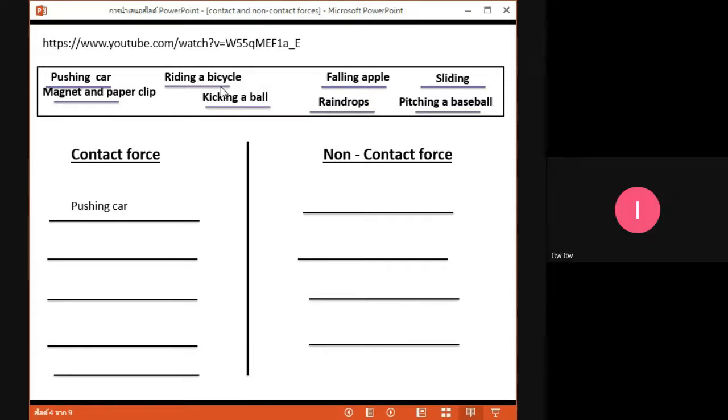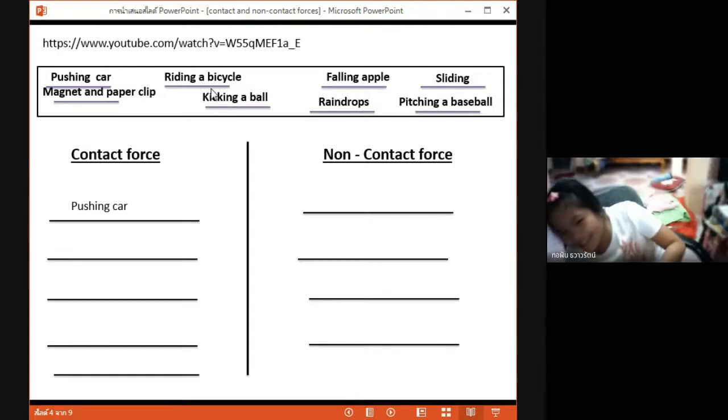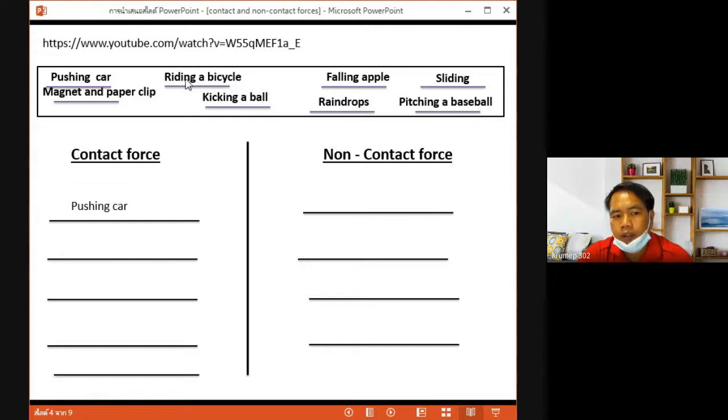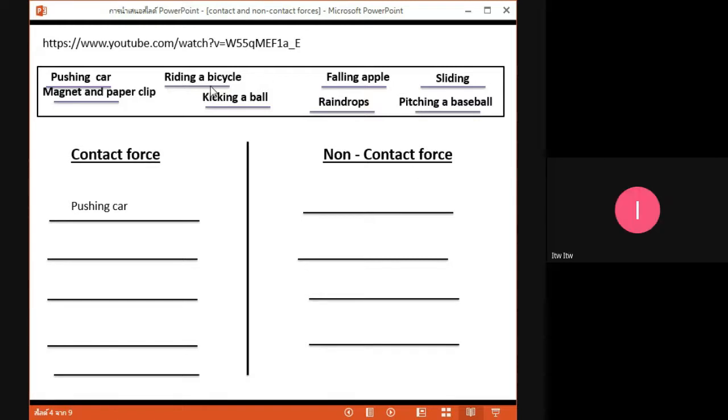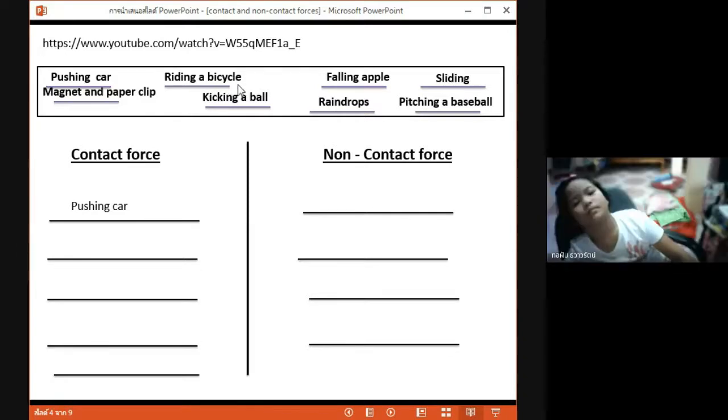Satang, Kati, where are you? Namon, what is riding a bicycle? Contact force or non-contact force? Namon. Torfan. Torfan, no answer?